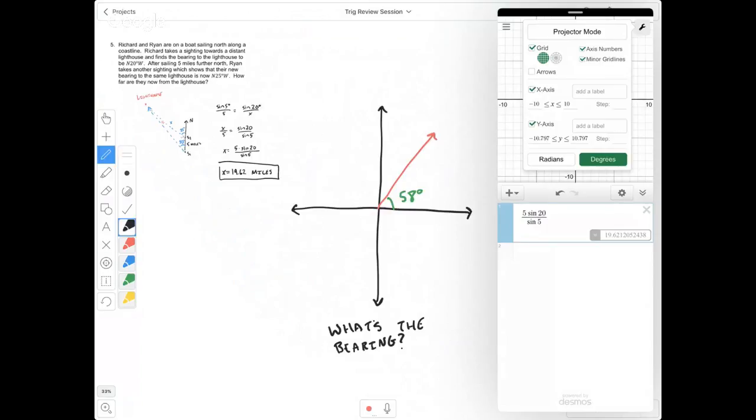So again, this is not at all related to the question we were doing over here. This is just a different example because I'm trying to address Moose's question, which was, when do we subtract the bearing given from 90 degrees? I think this is maybe the situation he's talking about.